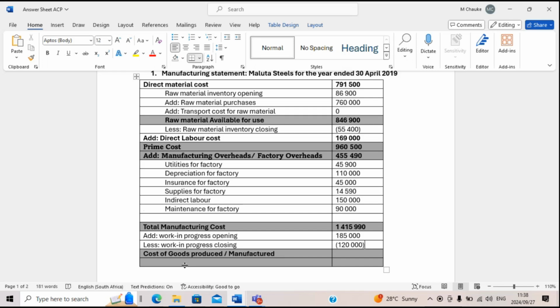It's going to be 1,415,990 plus 185,000, which is work in progress opening, and then we subtract 120,000, which is work in progress closing, and then we will get our cost of goods produced, which is 1,480,990.